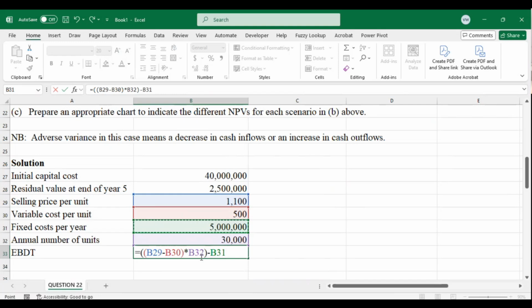In case using brackets is a challenge for you, you can decide to have the total contribution separately and the fixed costs, do your working separately and add them up. If you are very experienced in Excel, you'll choose what works for you, because some people may have difficulties using brackets. Sometimes without brackets it does not work, sometimes with brackets it works.